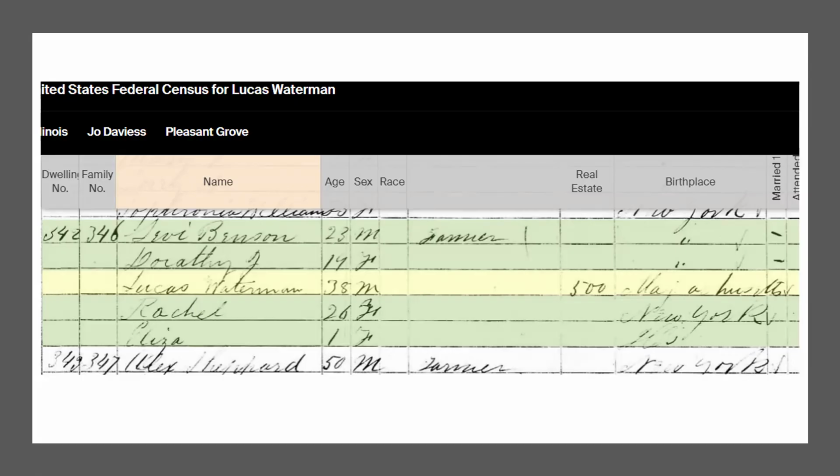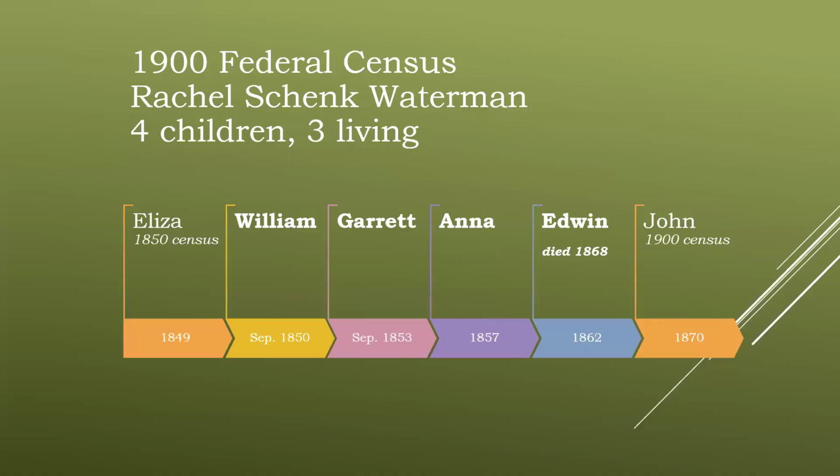But if she's 1 year old in 1850, remember, Lucas and Rachel were married in October of 1849. So it could be a child from a previous marriage, but that still leaves us with this problem if it's Rachel's child, because it would have to have been 5 children.